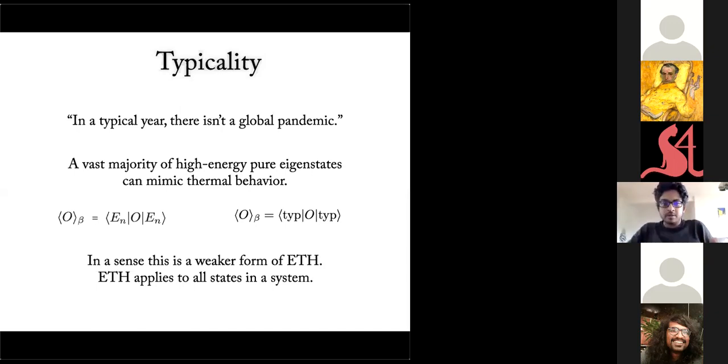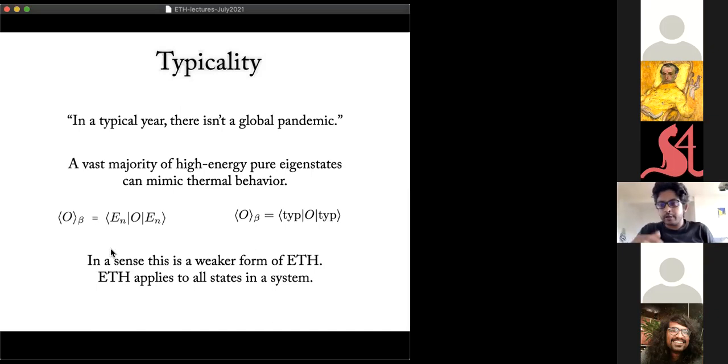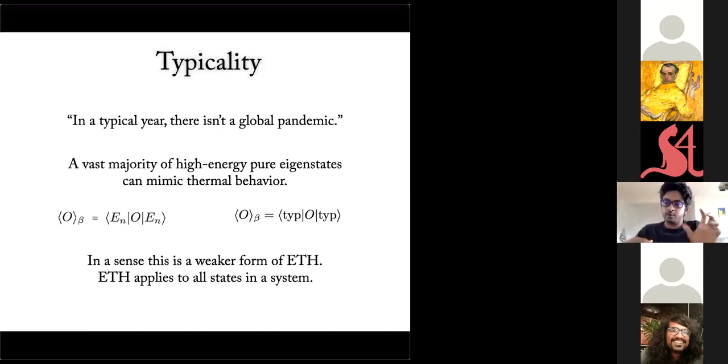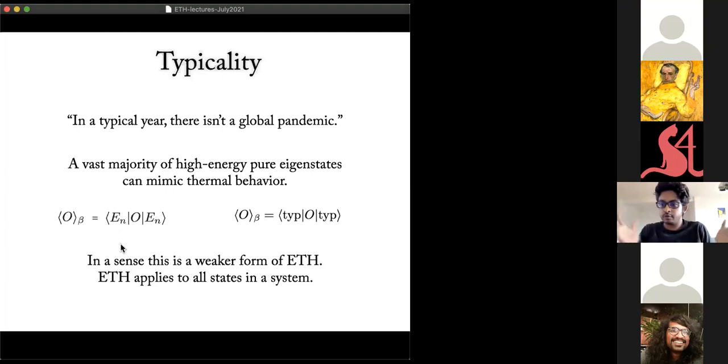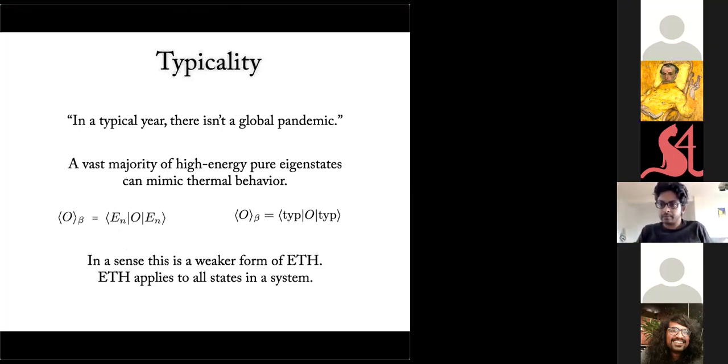A statement such as this, you can think of as a consequence of agreement of reduced density matrices. If the operator has support in the sub-region of the reduced density matrix, and the reduced density matrix is essentially the same, then this just follows from equality of reduced density matrices. Okay, thanks. There is a nice paper by Garrison and Grover that discusses this in some detail.